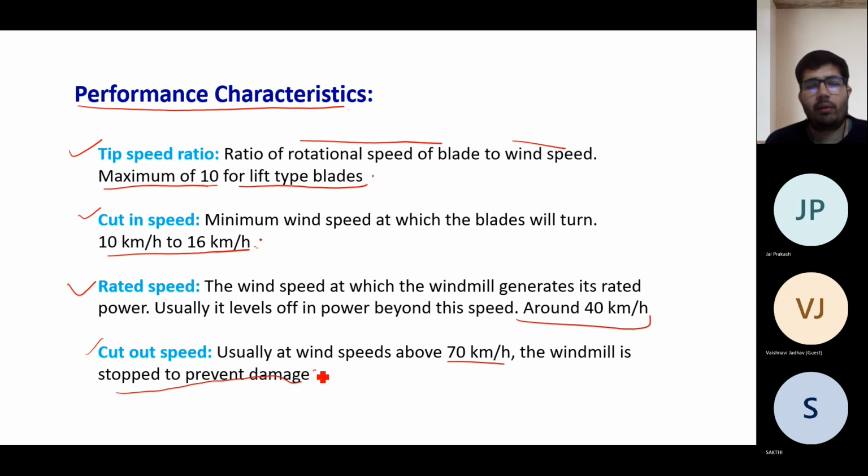If the wind velocity is very high, it can damage the wind turbine. So these are four important performance parameters: tip speed ratio, cut-in speed, rated speed, and cutout speed.